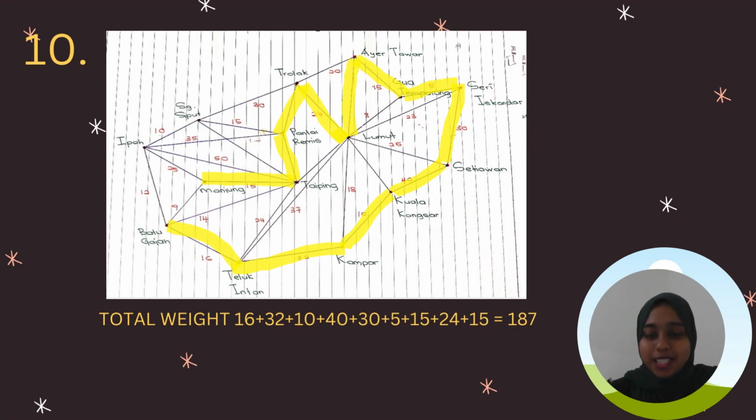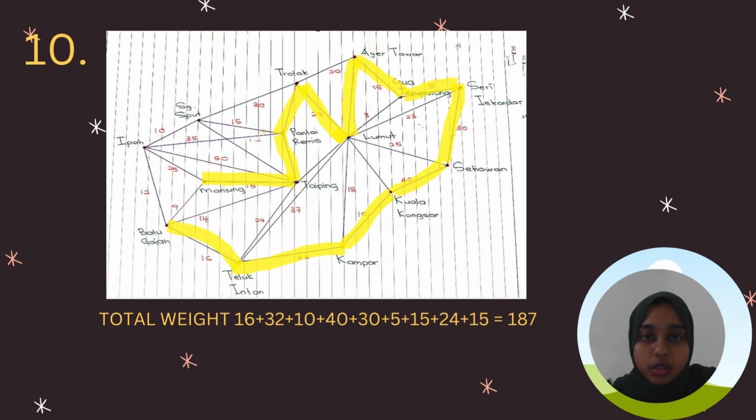Finally, the total weight is 16 plus 32 plus 10 plus 40 plus 30 plus 5 plus 15 plus 24 plus 15, which equals 157. 16 represents Teluk Intan to Batu Gajah. 32 is Teluk Intan to Kampar. 10 is Kampar to Kuala Kangsar. 40 is Kuala Kangsar to Setiawan. 30 is Setiawan to Sri Iskandar.